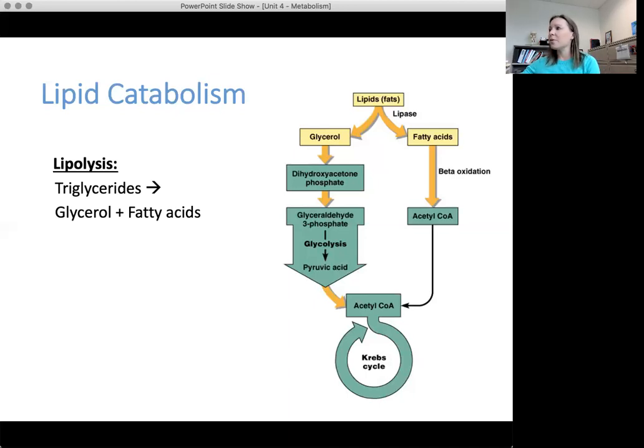The next term here in your outline is ketogenesis. So ketogenesis is when your liver cells take 2 of those acetyl coenzyme A molecules and combine them. And it'll do that if you have a whole lot of those molecules just hanging around in your blood.